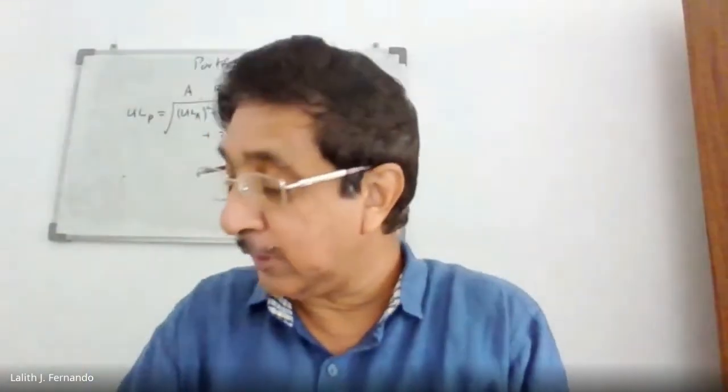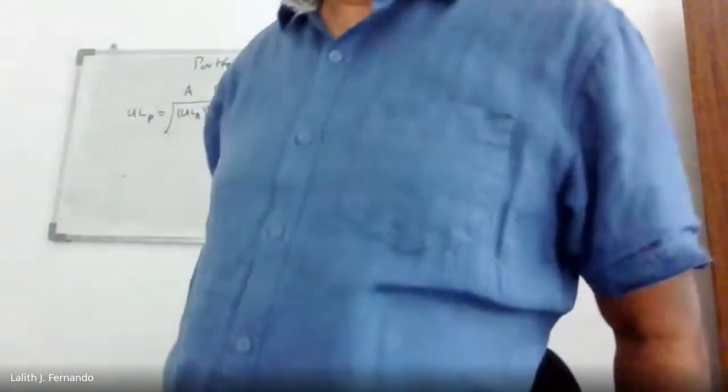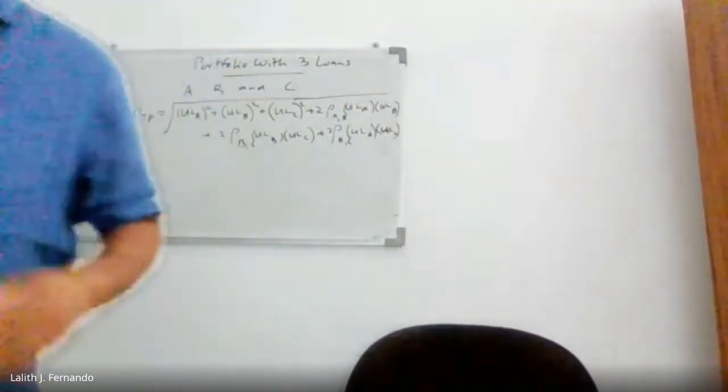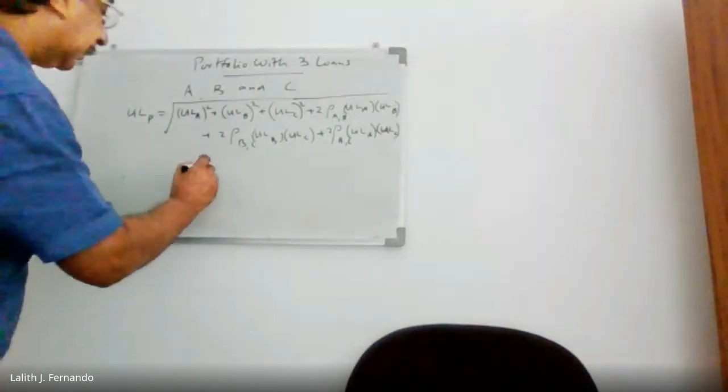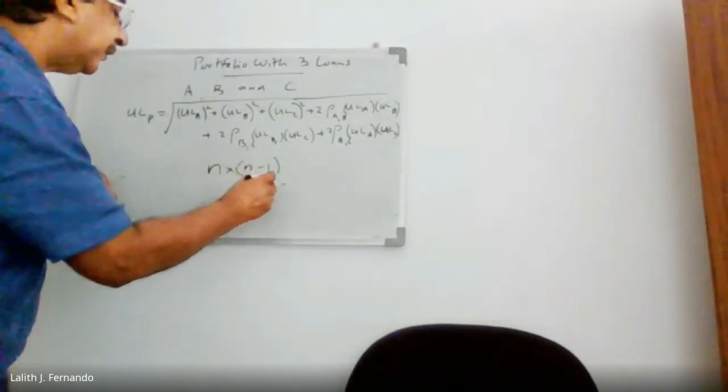Very good. So I can just give the formula now: n into n minus 1 divided by 2. I will put it on the board. N into n minus 1 divided by 2.